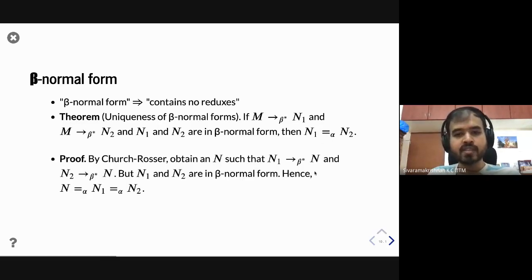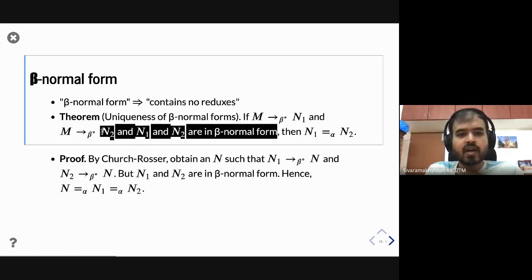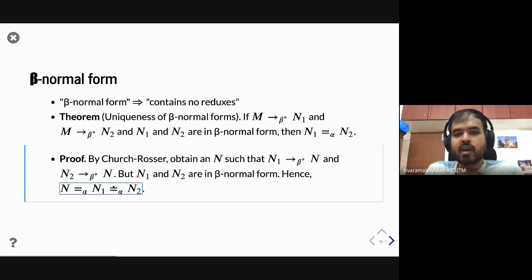So why is this true? You can directly apply the Church-Rosser theorem here. Obtain an n such that you can go from n1 and n2 to some n, n1 to n and n2 to n. But we know that both n1 and n2 are in beta normal form, according to the theorem statement, which means that you couldn't reduce them anymore.